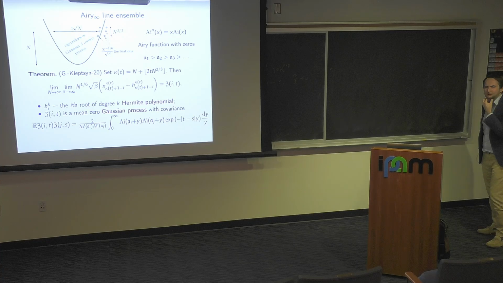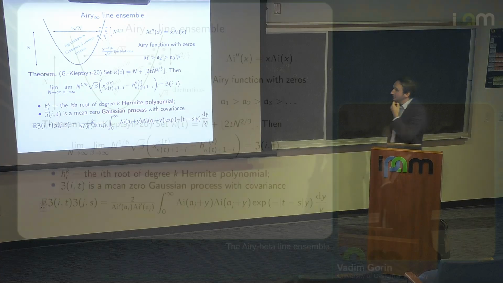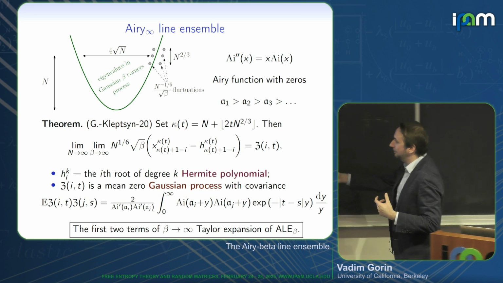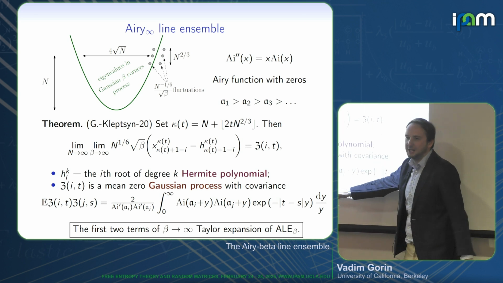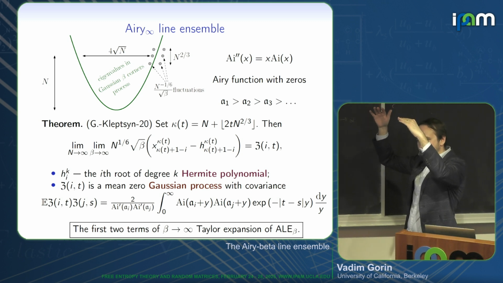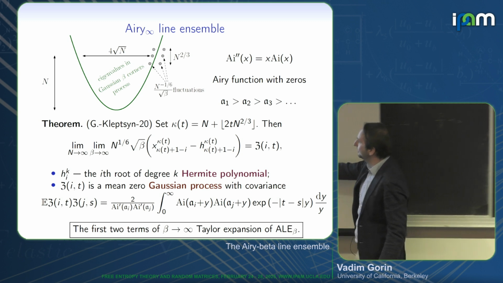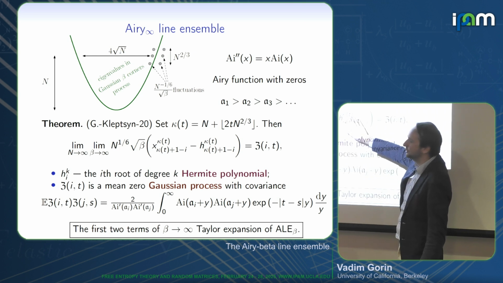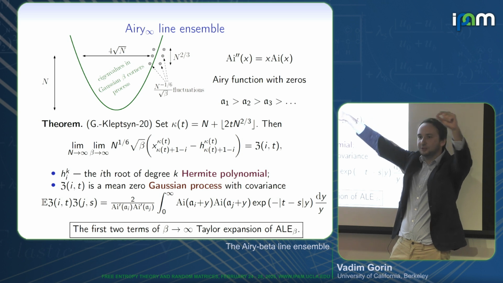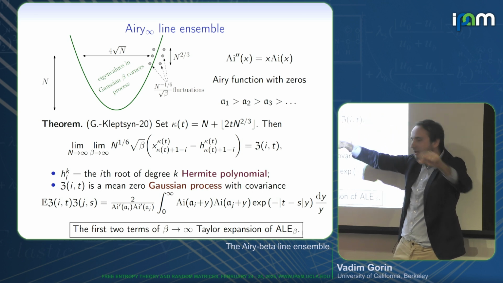And how should you think about it? Really, the way to think about this formula is that these are the first 2 terms of the Taylor series expansion of your Airy line ensemble as beta goes to infinity. The very first term, the roots of Hermite polynomials, turn into the roots of the Airy function. So all your lines will be just constants at the roots of the Airy function.